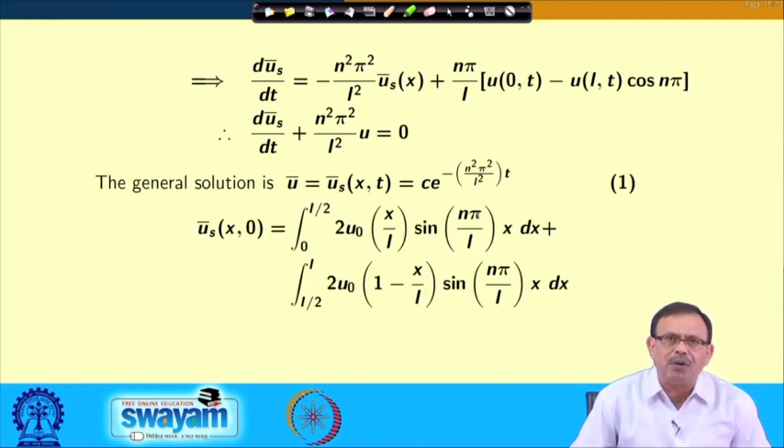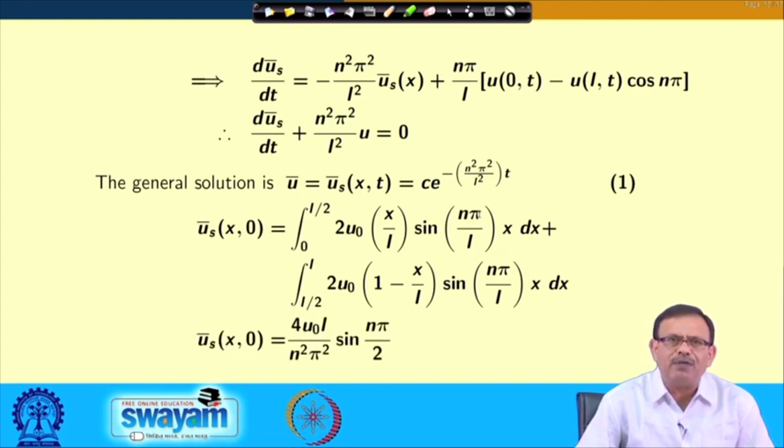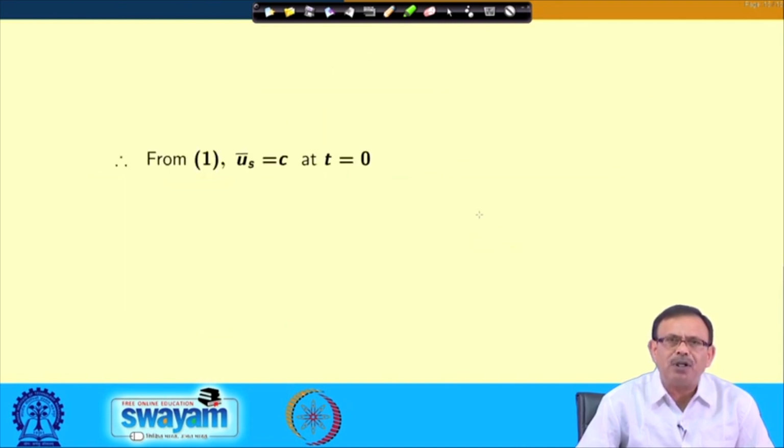Now, u bar s x 0 I can write down from the given definition, as I have shown you earlier, 0 to L, which I have broken into two parts, because the value of u x 0 is one function in 0 to L by 2 and another function in L by 2 to L. So, I am breaking this, and if I evaluate these two integrals, I will obtain the value of u bar s at t equals 0 as 4 u 0 L by n square pi square into sin n pi by 2.